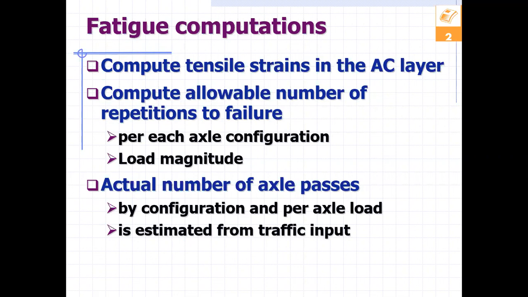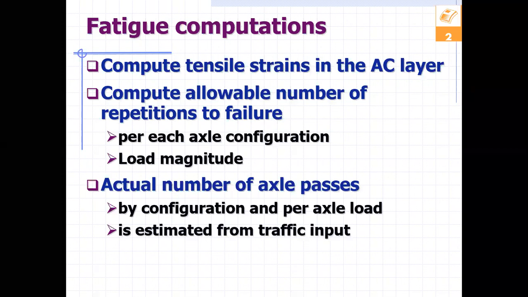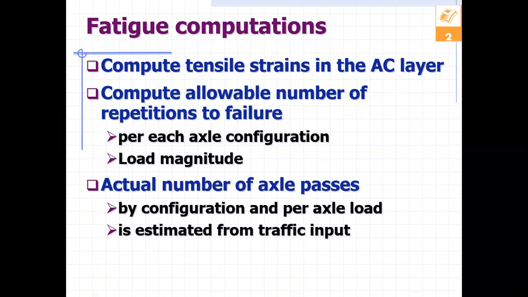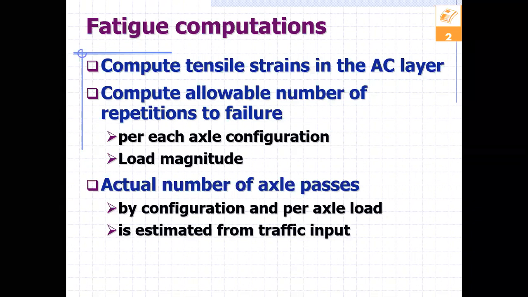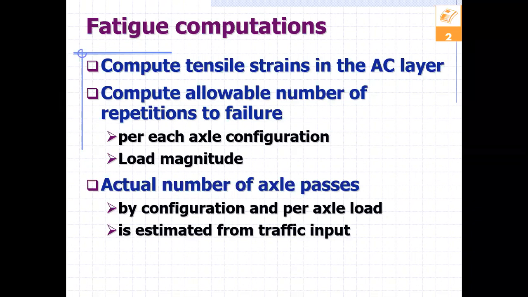And we will know, because we have counting or weigh-in-motion technology, the number of axle passes that have used the road. So for instance, you will know that the road has been used so far by 300,000 18,000 pound axles. And when you go and calculate the allowable, you know that you can have up to 1 million. So you do your 300,000 over 1 million, and that gives you 30%. So that's what we call fatigue, is what percentage of the life has been used.